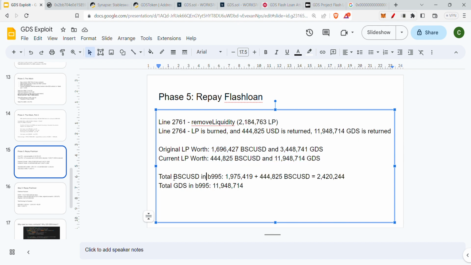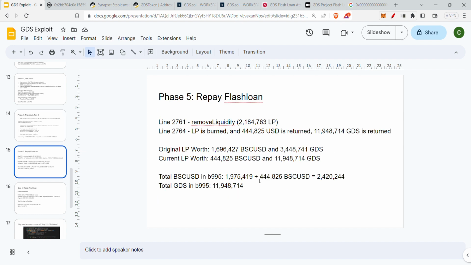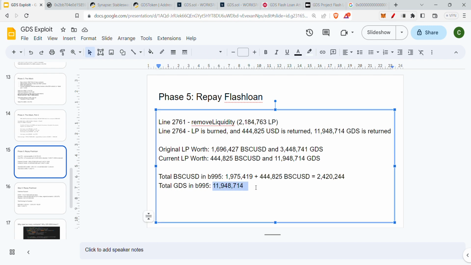Now let's look at how much BSC USD he has. Remember that he has earned a total of 1.975, and then add together the BSC USD which he got back from burning LP tokens. He got a total of 2.42 million BSC USD in B995 contract and a total of 11 million GDS in the B995 contract.